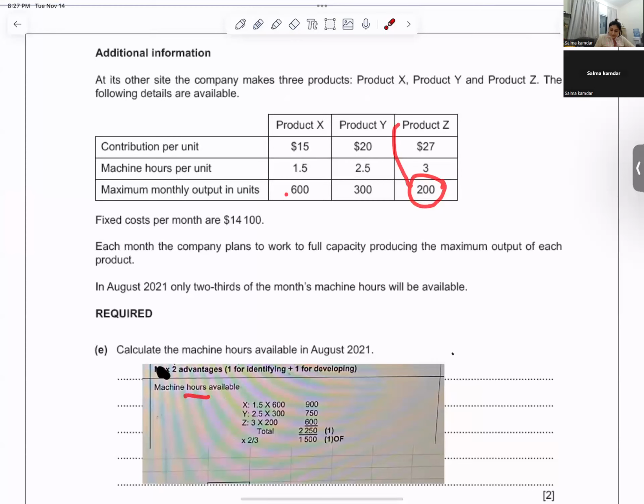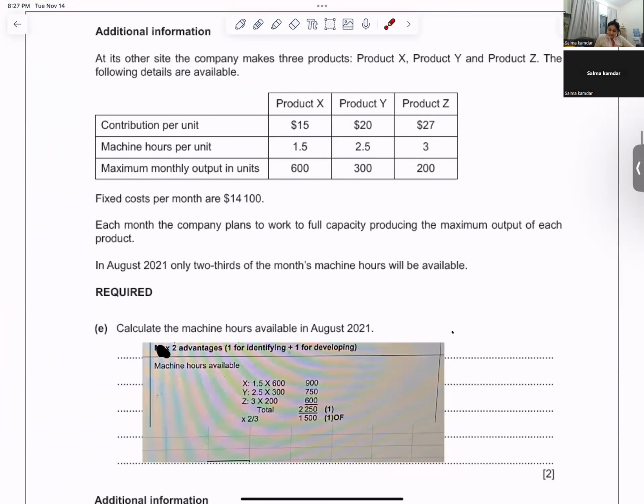So I am going to make 600 units and I need 1.5 hours per unit. So machine hours available for product X is 1.5 into 600. Machine hours available for product Y is 2.5 into 300. And machine hours available for product Z is 3 into 200. So the total machine hours that is available is 2250.